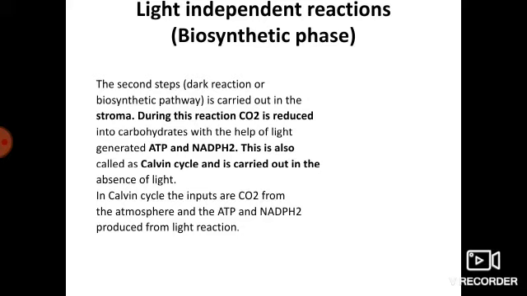That is, the ATP and NADPH2 already produced by the light reaction are utilized in this dark reaction. This is also called Calvin cycle and is carried out in the absence of light. In Calvin cycle, the inputs are carbon dioxide from the atmosphere and the ATP and NADPH2 produced from the light reaction. The output is glucose and oxygen.